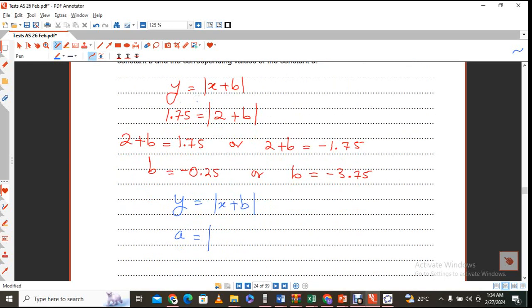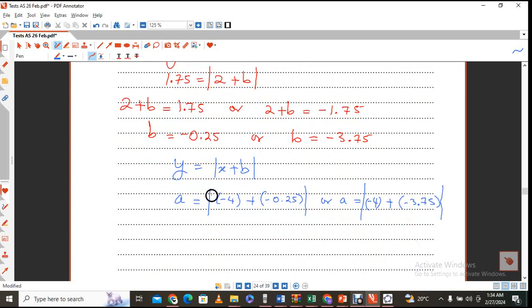So that would be -4, I'll put it in brackets, and then we have a value of b. If I take the value of b of -0.25, that is going to give me one possible answer for a, and the other one would be -4 plus -3.75. Those will give me the two values of a.